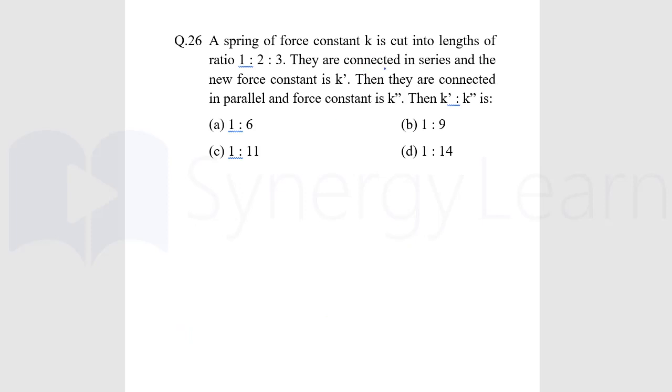A spring of force constant K is cut into lengths of ratio 1:2:3. That means adding these ratios we have 6. So the smallest part will be 1/6 in length.